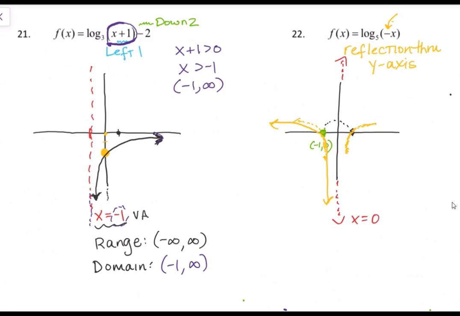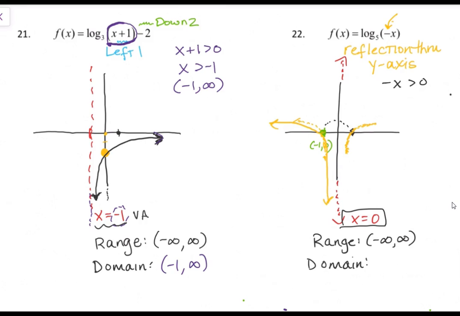Now if we identify the vertical asymptote, I already have that listed here. And then if we do our range first, just because that's the easy one, it is all real numbers. And then our domain. Again, let's look at this algebraically and graphically. If I do it algebraically, I would set that argument strictly greater than 0 and solve for x.